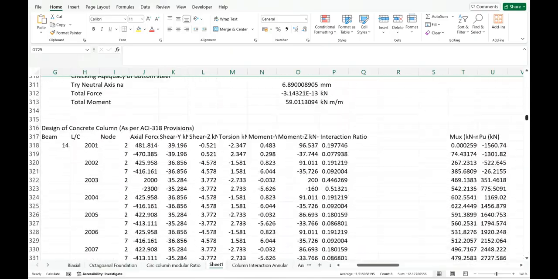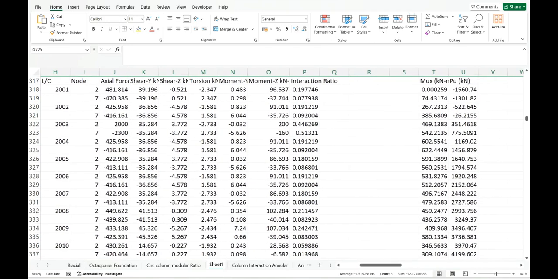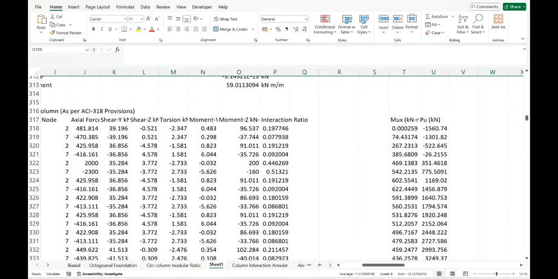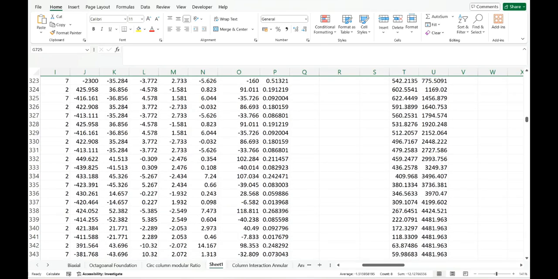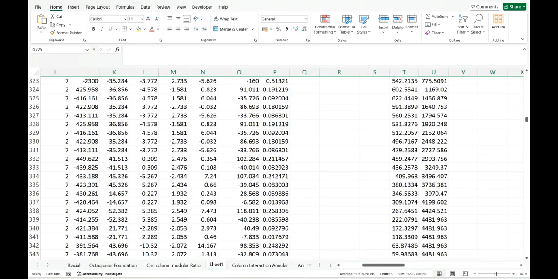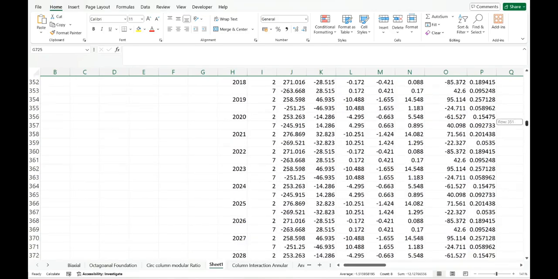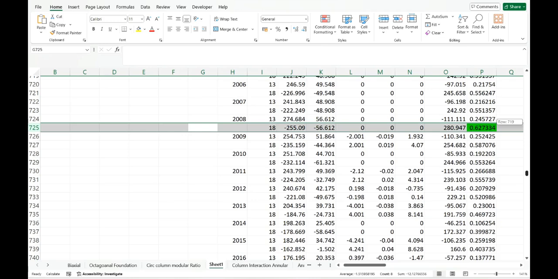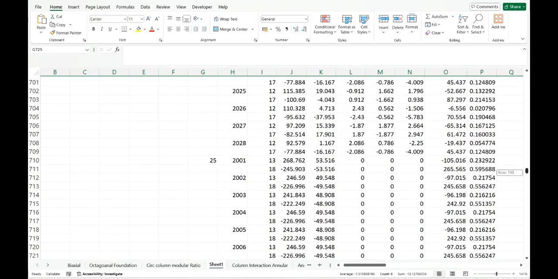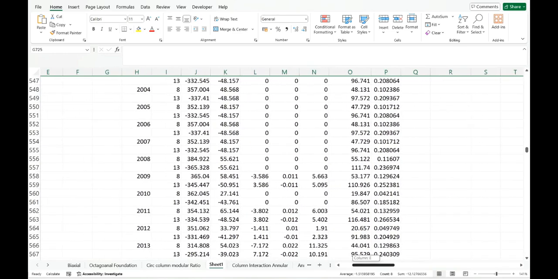Wait, for 255 kilonewton load, what is the moment we have? Vertical load is 250, I'm sorry. Let's go for that 255 kilonewton, what is the moment capacity? Let's see for the major axis only.